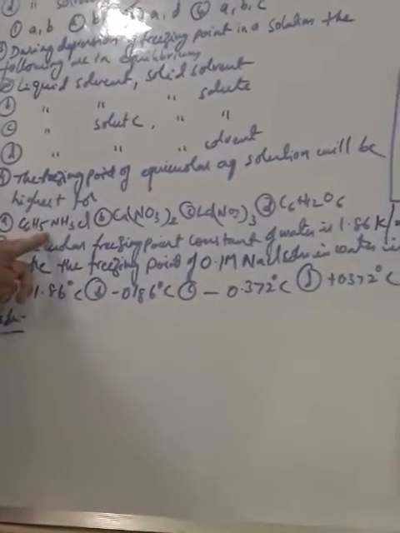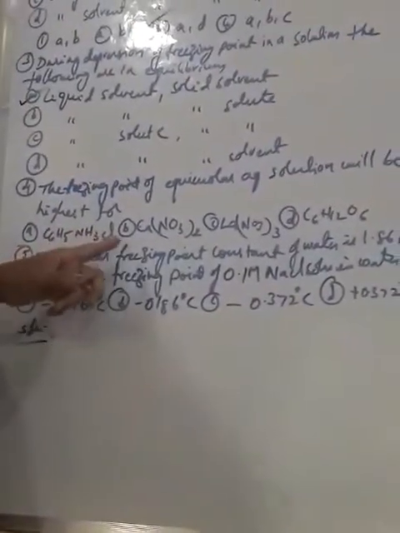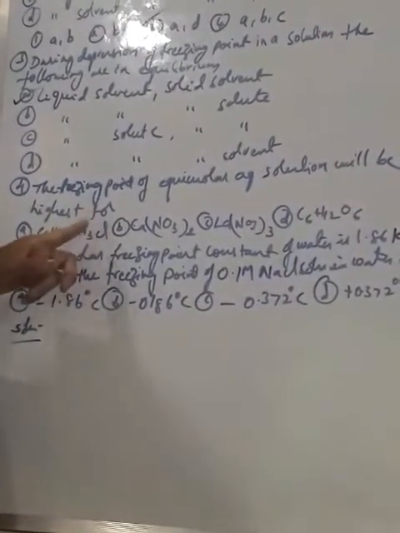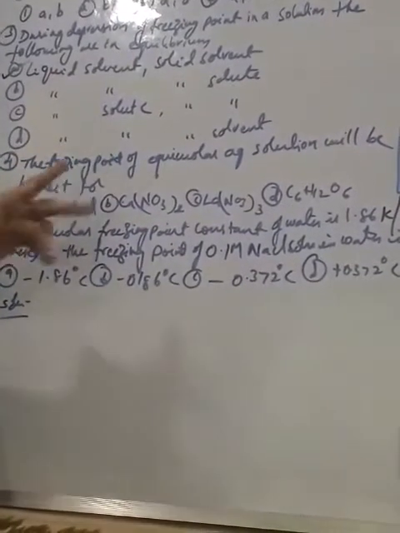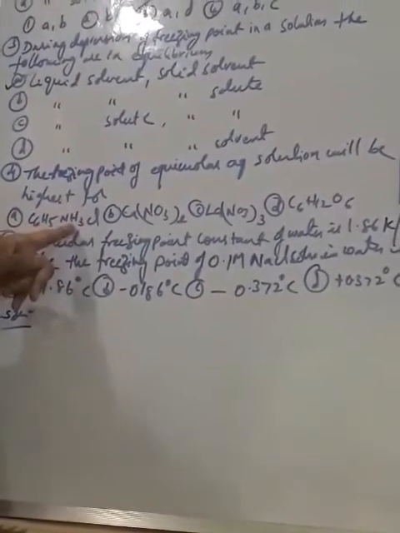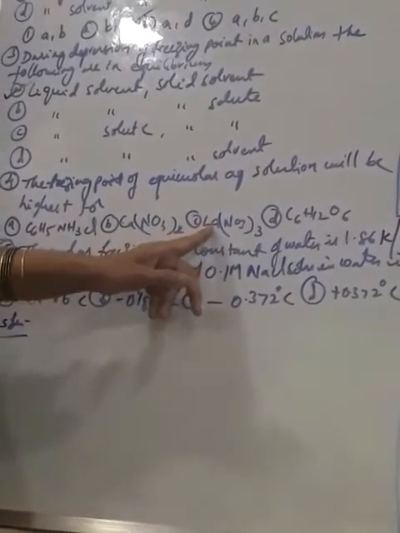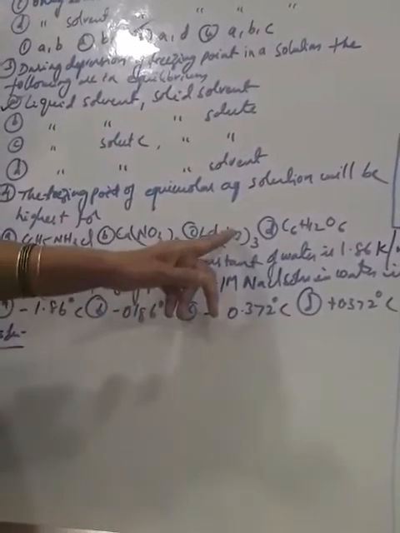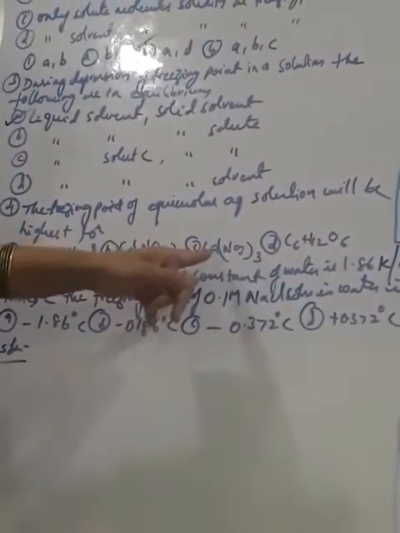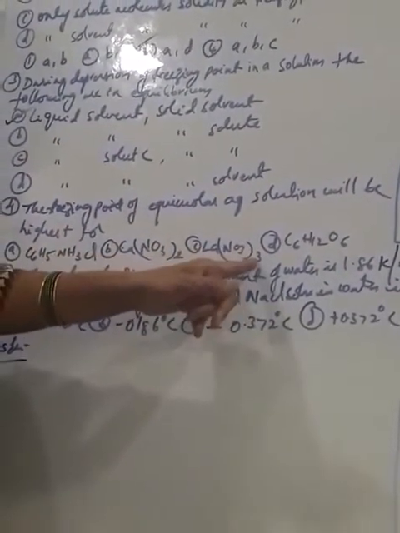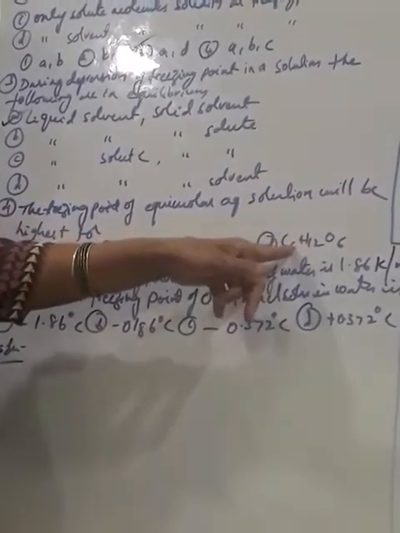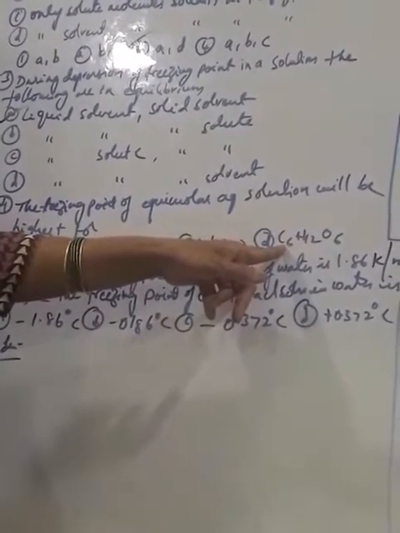Coming to the options: C6H5NH3Cl, anilinium chloride, has two ions, C6H5NH3+ and Cl-. Next, calcium nitrate has three ions, one calcium ion and two nitrate ions. And lanthanum nitrate has four ions, one lanthanum ion and three nitrate ions. But coming to glucose, no ionization takes place.